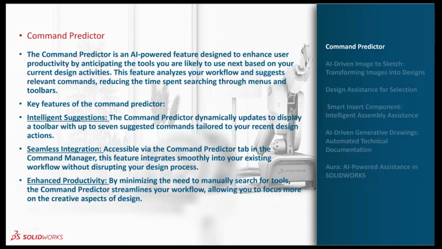Once the geometry is added, whether you're going for dimensions or fillets, it will give suggestions like that. Once you're done with your sketch, it will suggest which 3D feature you are going to use, whether extrude or revolve. Once you have done the extrude, it will suggest fillets or holes. Like that, it predicts your next possible command for your designs.